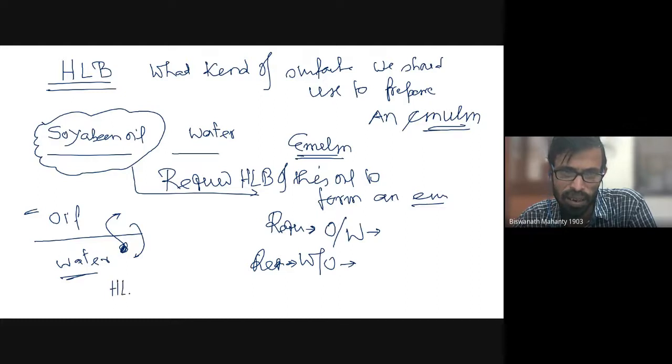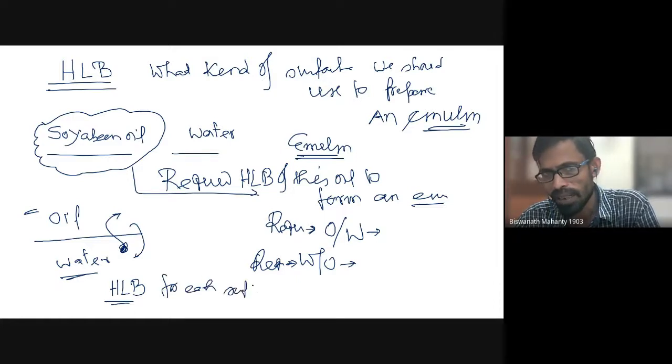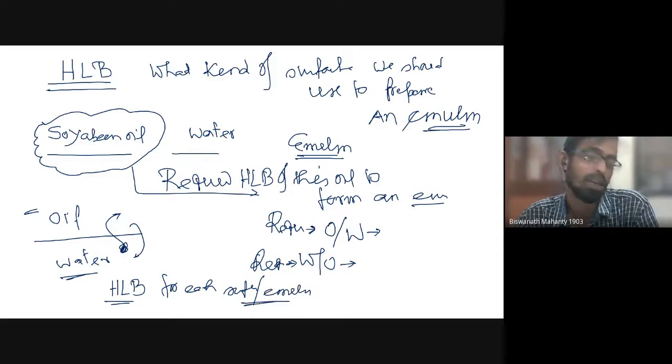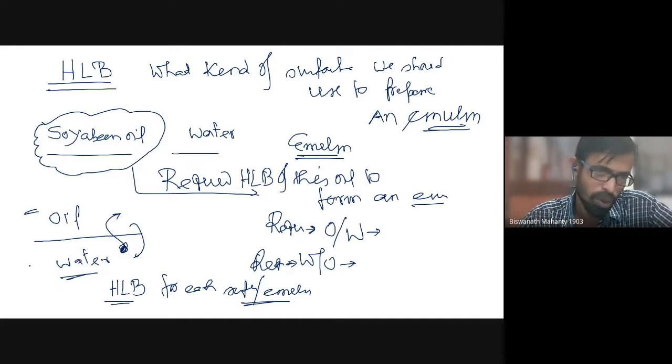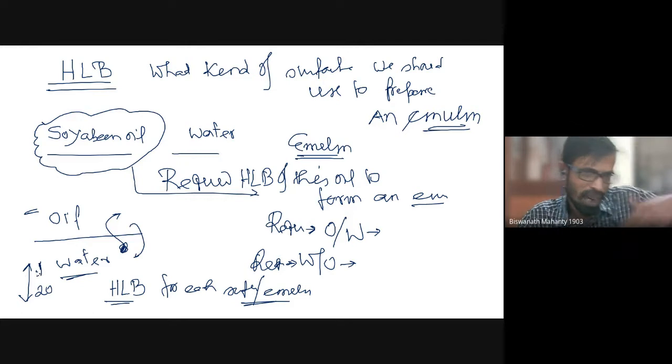First of all, HLB values are there for each surfactant or emulsifier, whatever you want to call it. Each of the surfactants has an HLB value. HLB values run on a scale between 1 and 20. So 20 is the maximum value, 1 is the lowest value.